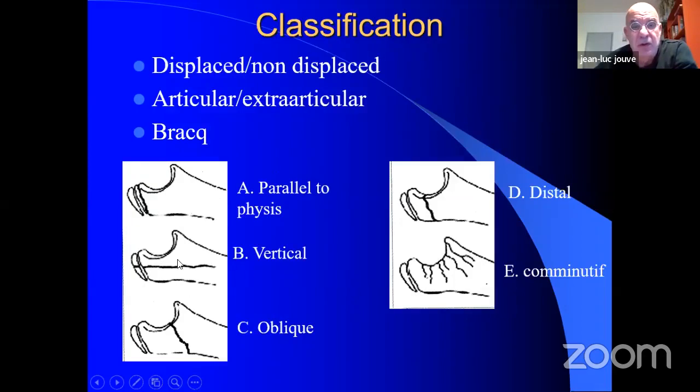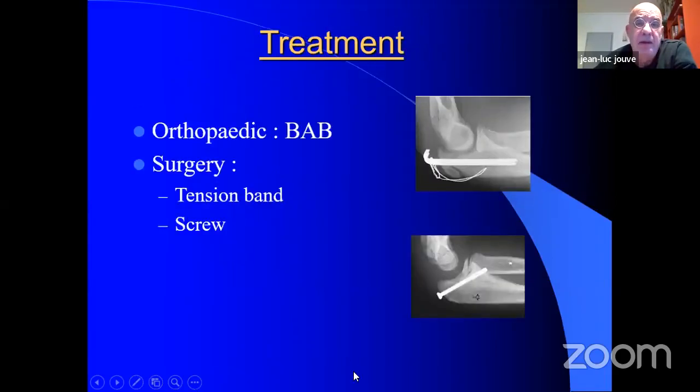There is a classification that differentiates a fracture parallel to the physis, or vertical, or oblique, and sometimes it will be one fracture, but sometimes there is a comminution. In such a fracture, when there is a section of the olecranon, you have to do surgery to stabilize the olecranon and avoid secondary displacement.